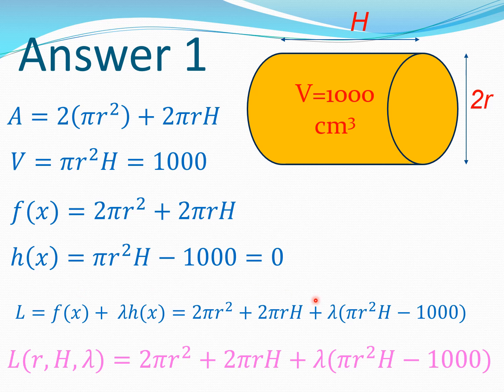So this is the function, and I have further written it in pink, and I have brought out to you that I have introduced the new variable here, lambda. So now this Lagrangian actually is a function of r, capital H, and lambda, where lambda is the Lagrange multiplier. So this is the function here. You can of course see it's a function of r, capital H, and lambda, because of course pi is a constant, 1000 is a constant.